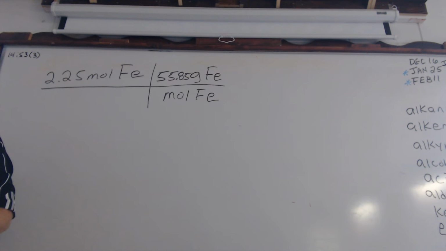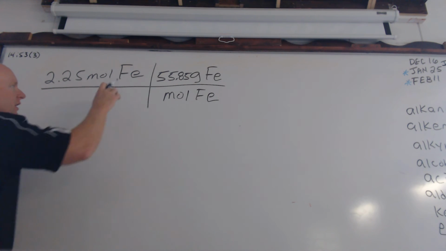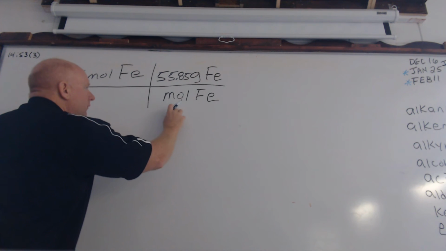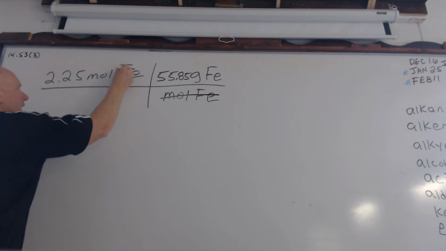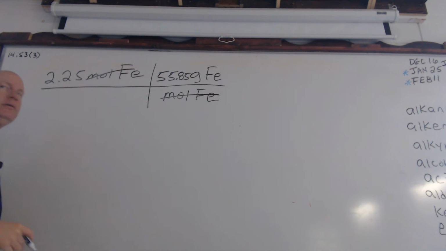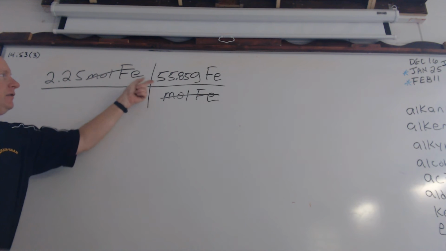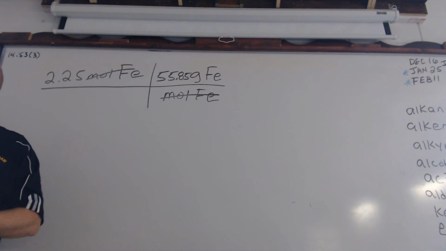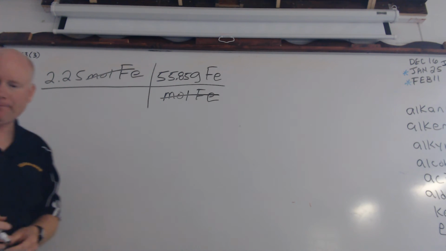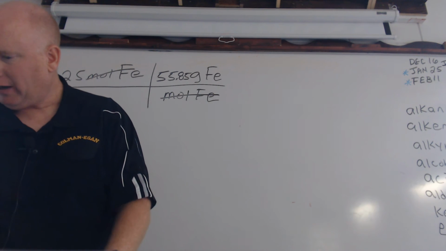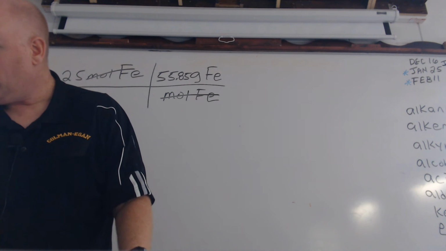It's asking for a mass in grams, right? So what did these two labels do? What are we left with here? We're left with grams of iron. Since these are next to each other, what do you do with those two numbers? You multiply them, and you might get a decimal.